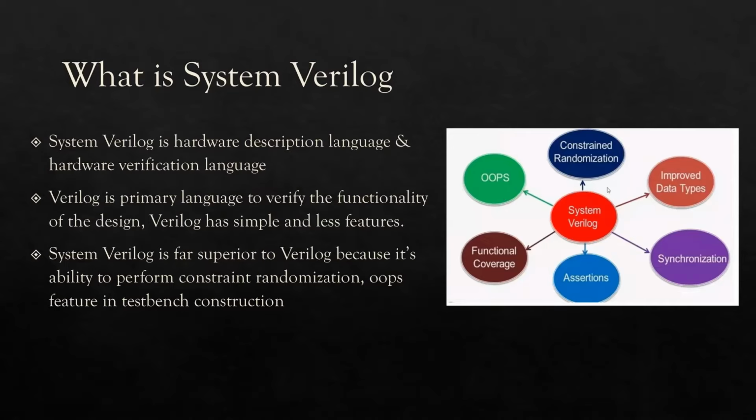When it comes to the Verilog test bench, there are very few features, and it's very difficult to verify very complex circuits. So in SystemVerilog, we have various different techniques. As you can see, we have OOPs, constraint randomization, and functional coverage. Let me discuss each and every one very briefly.